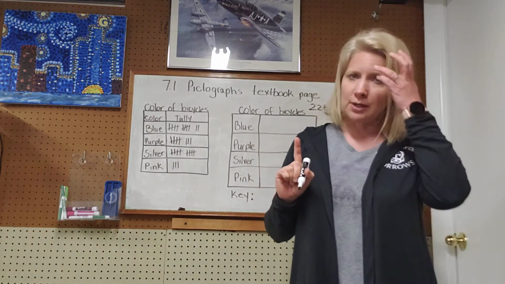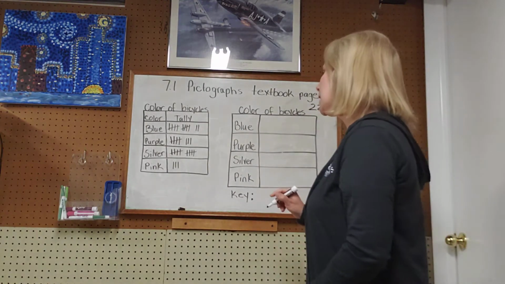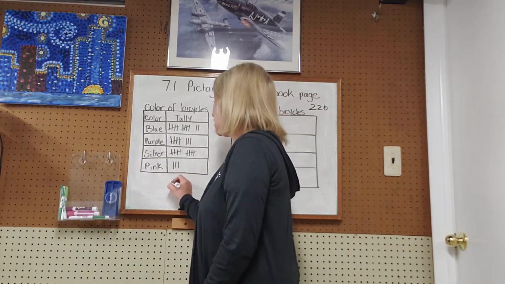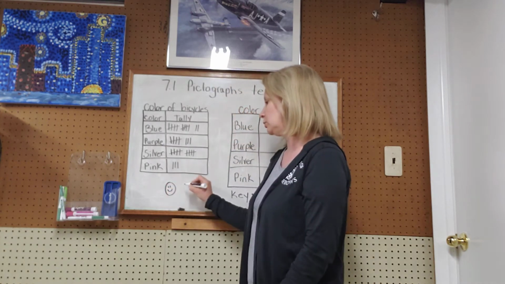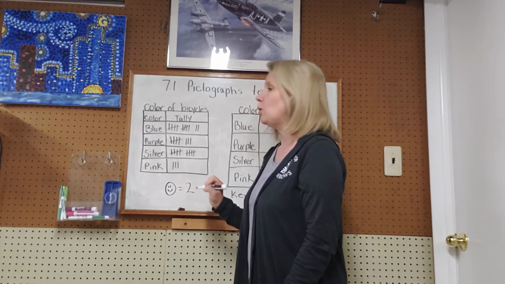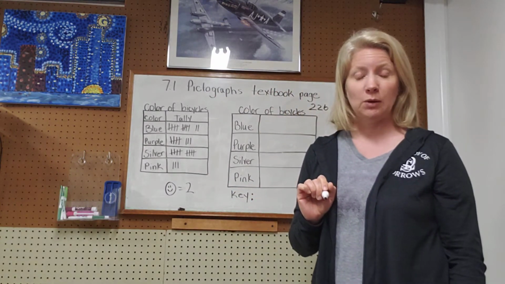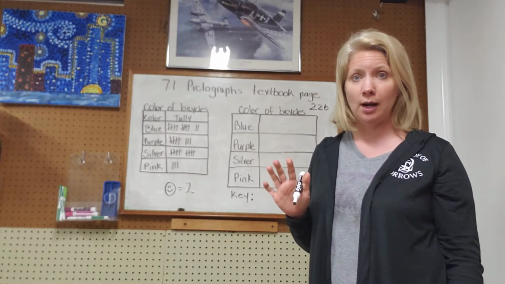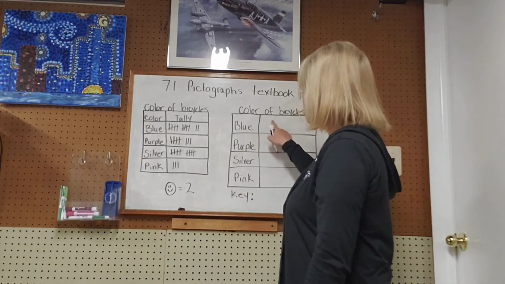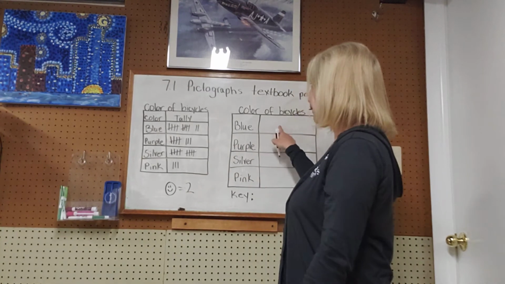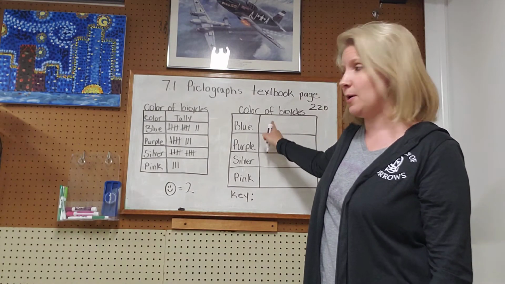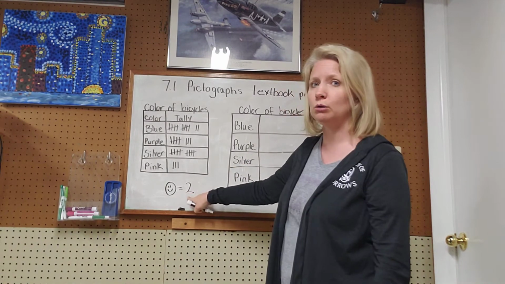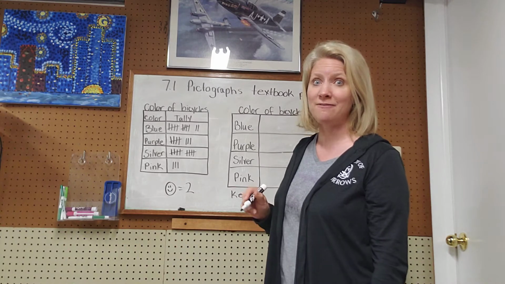But if you do it for 3, it's a little bit harder because, let's talk about this. If 1 smiley face equals 2, how would you get 1? You'd only have to count by 2s. 2, 4, 6, 8. How would you get like 3?